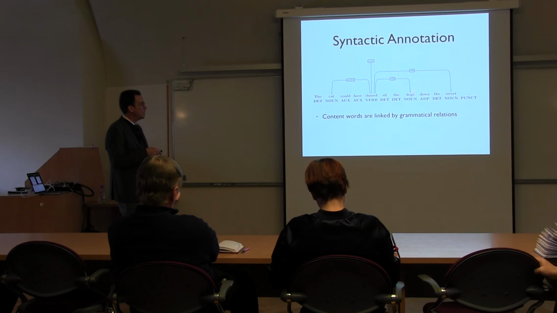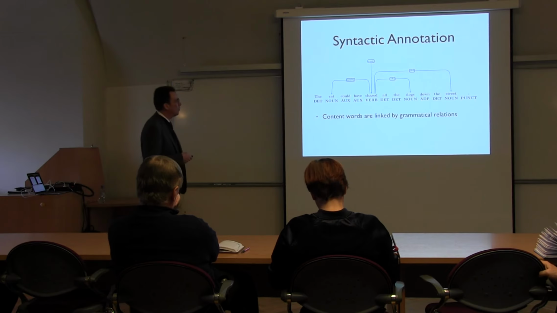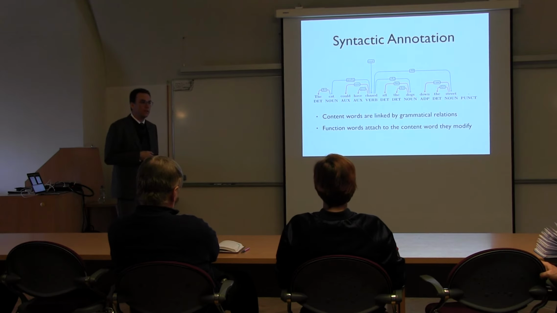So cat is the subject, dogs is the object, and street is at least part of a locative modifier or oblique. Function words are then simply attached to the content word that they modify. So in a sense, they are treated as separate words, attached as nodes in the tree, but at a more abstract level, they are treated more like morphological features.